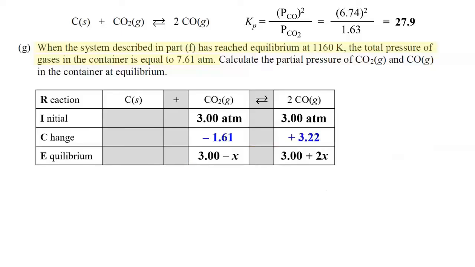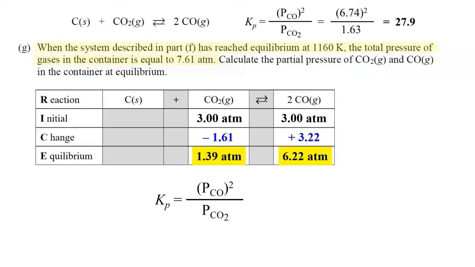Let's do the math. 3 minus 1.61 is equal to 1.39 atmospheres, and 3 plus 3.22 is equal to 6.22 atmospheres. So the partial pressure of carbon dioxide is 1.39 atmospheres, and carbon monoxide is 6.22 atmospheres.